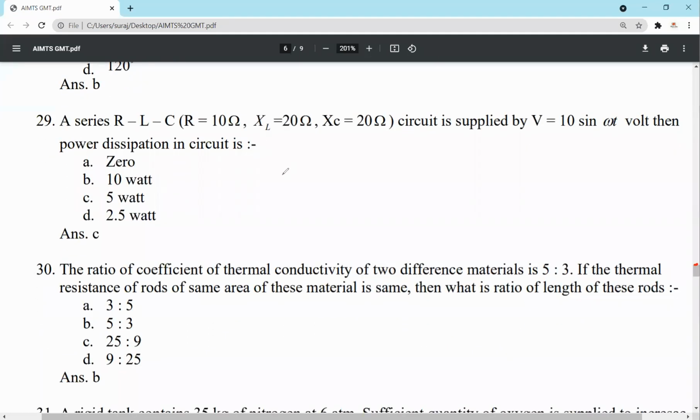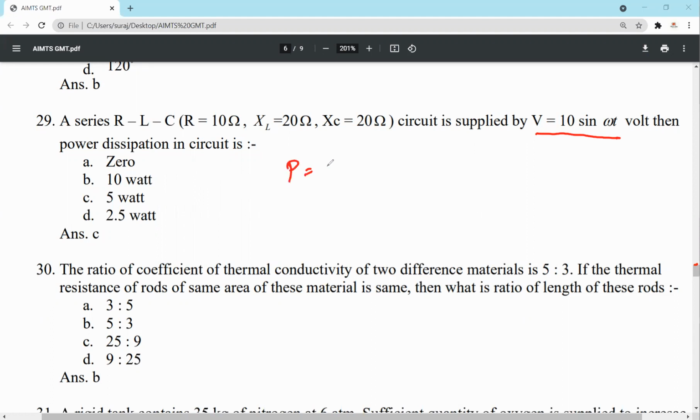Series LCR, R is given 10 ohm, XL is given 20 ohm, XC is given 20 ohm. The circuit is supplied by potential V equal to V0 sin omega t volts. Then the power dissipated in the circuit, they are asking. We need to find cos phi.